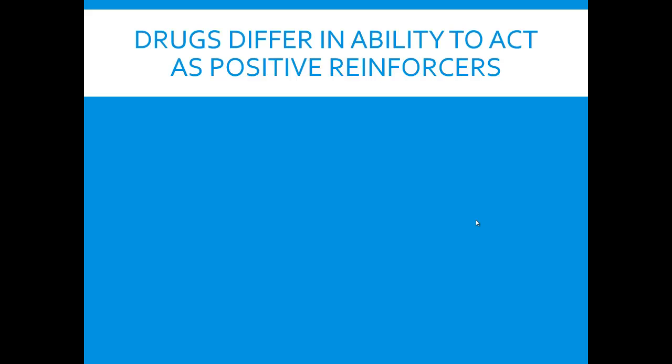The last thing we want to talk about in this small section is the fact that drugs differ in their ability to act as positive reinforcers. The terms that we use to refer to this difference are abuse potential and abuse liability. All drugs don't have the same reinforcing ability.